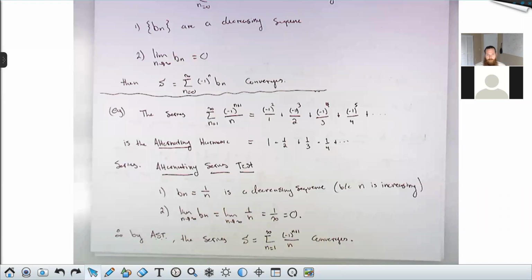That's the kind of shocking thing. Something about going back and forth between adding and subtracting allows the sequence of partial sums to converge more rapidly. And I'd like to explore a little bit why that's true. And the easiest way for me to do that is to prove for you the alternating series test.